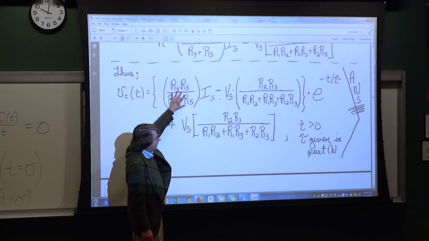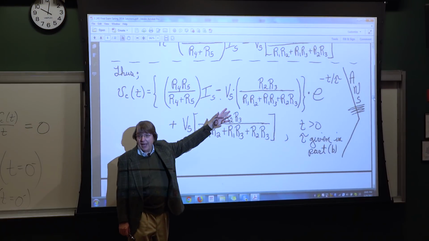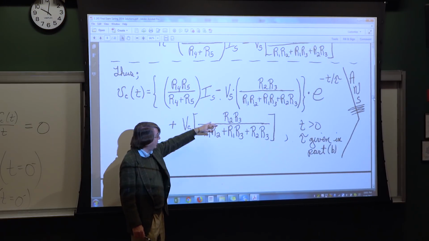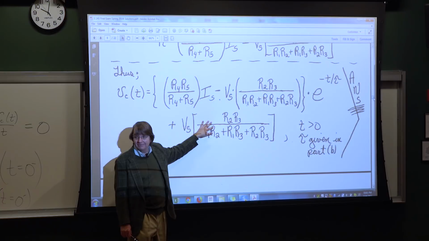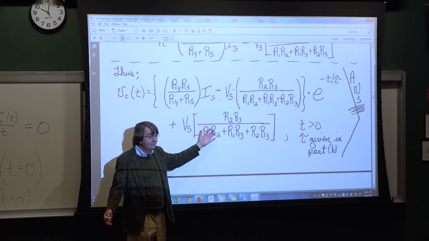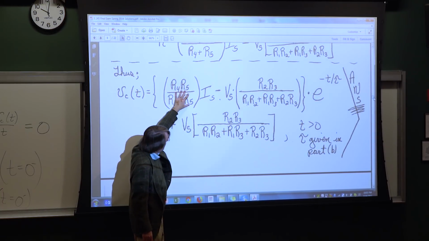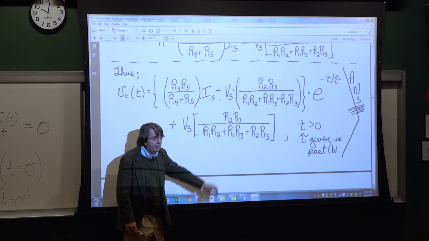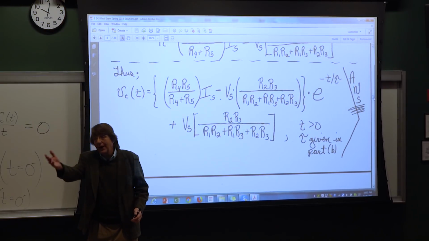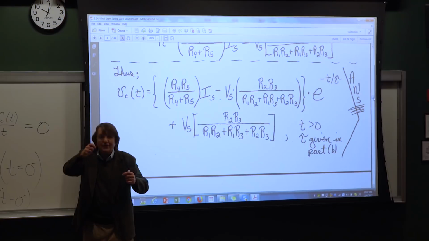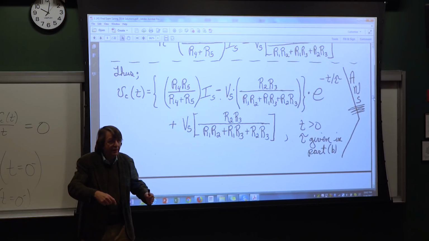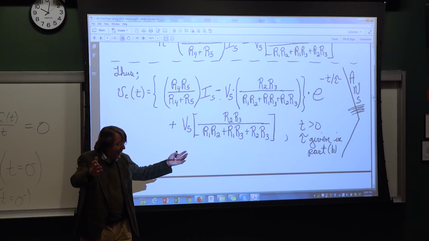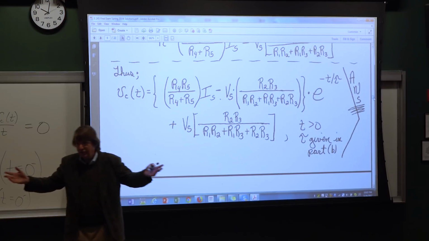There's some constant times e to the minus t over tau plus another constant. That's what it comes down to. So instead of having to write this out all the time, let's call them K1 and K2 or something like that, make life a little easier.